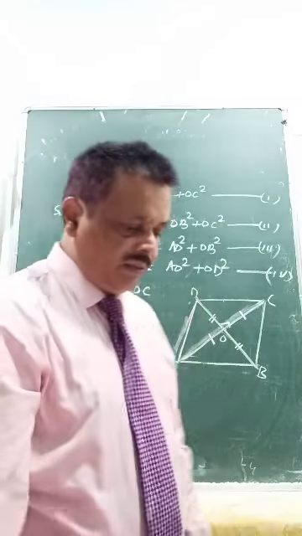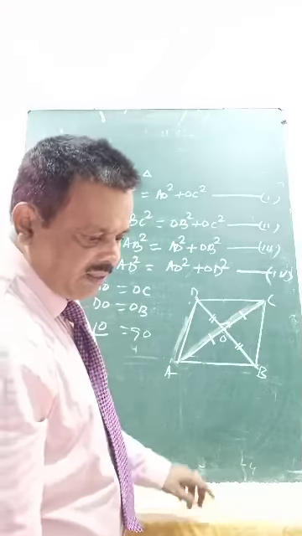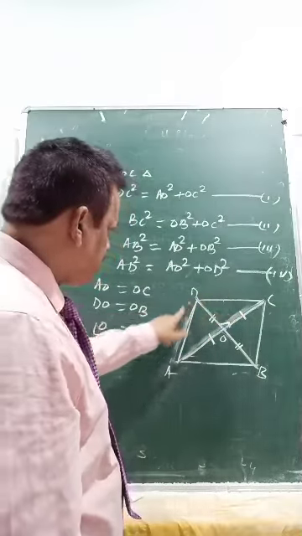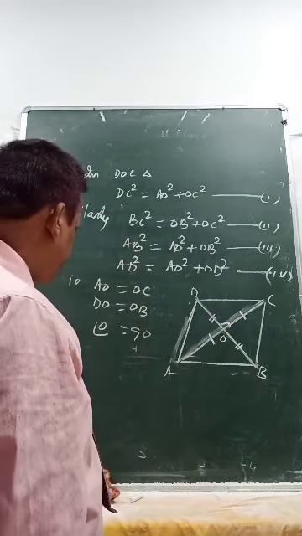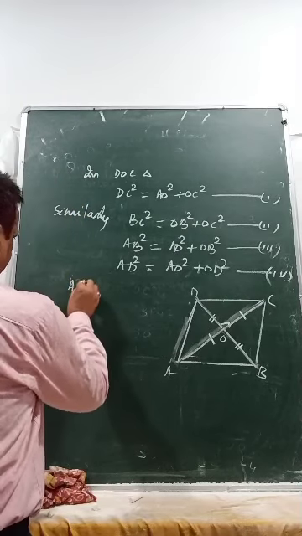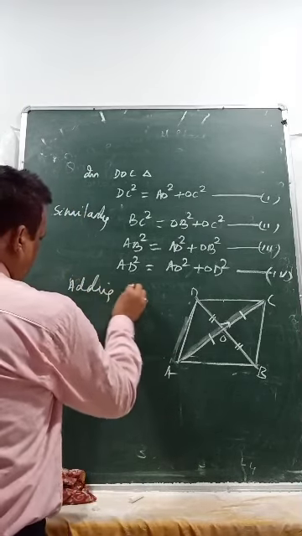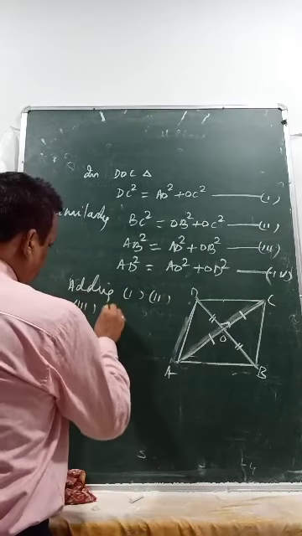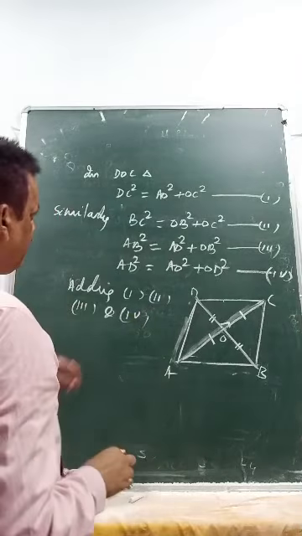Okay, then what do you get here? Adding equation number 1, 2, 3 and 4, what do you get?